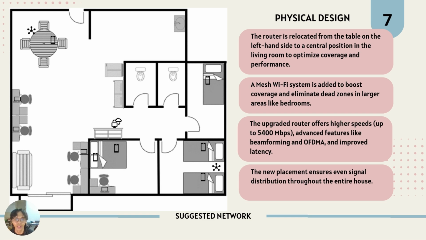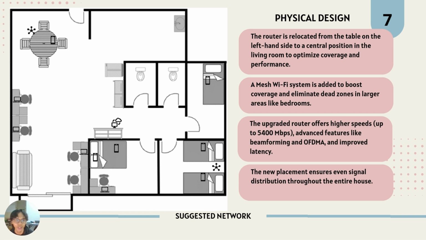We have the physical design of our suggested network. So here, as we can see, the router, which was originally located at the left side of the picture, is now centrally placed in the living room for even signal distribution.